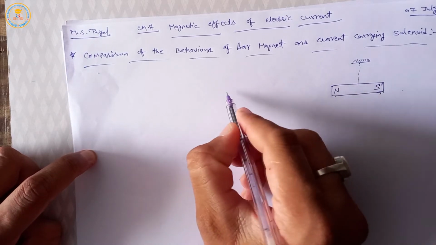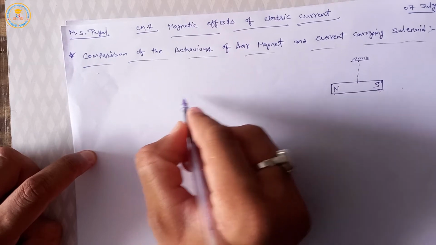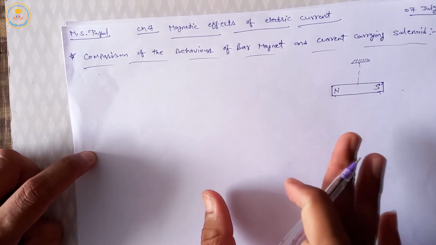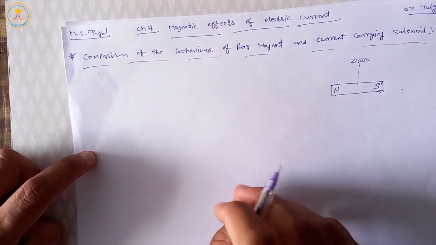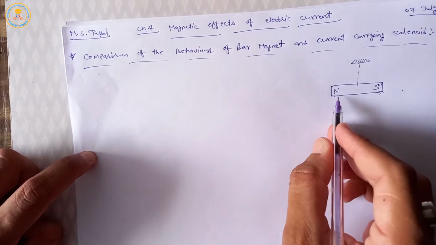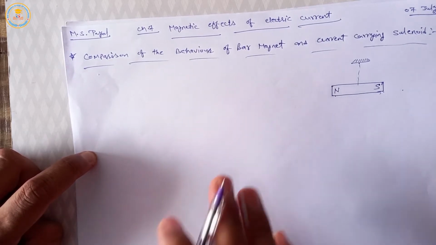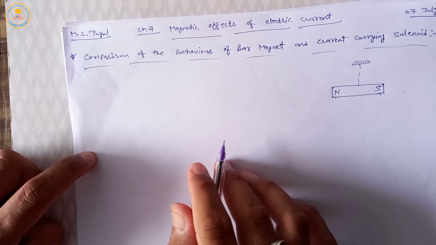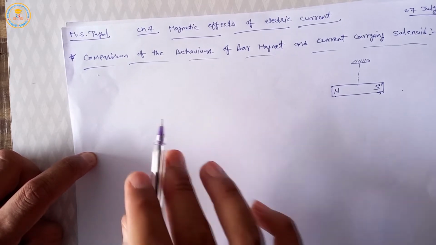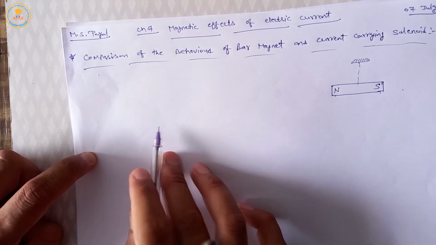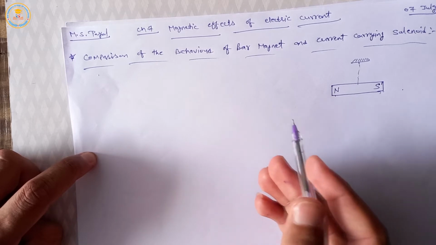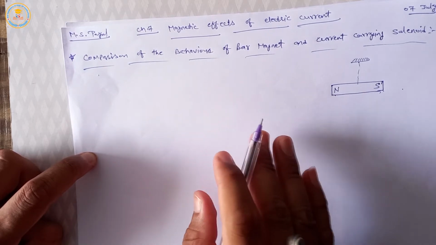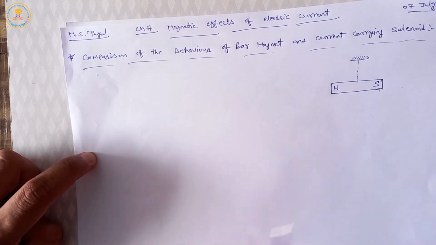Similarly, if we have a solenoid and this solenoid hangs freely like the bar magnet, then one end of this solenoid is situated on the north side and another end is situated on the south side.